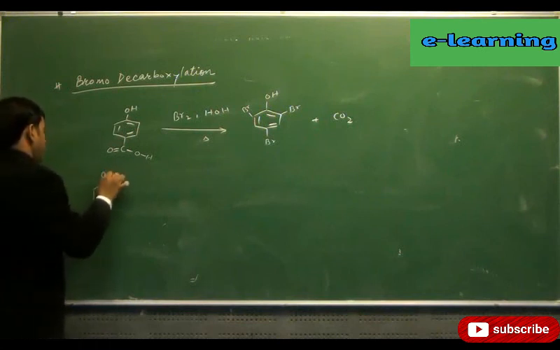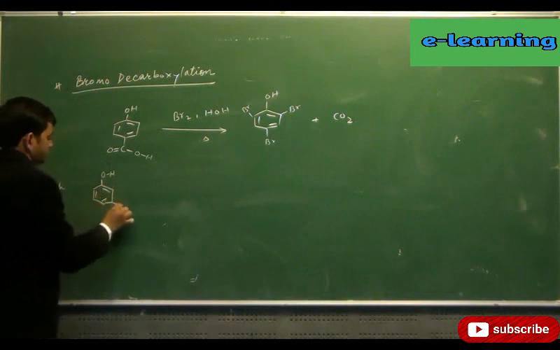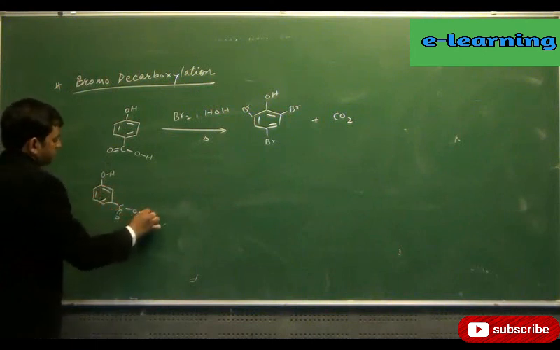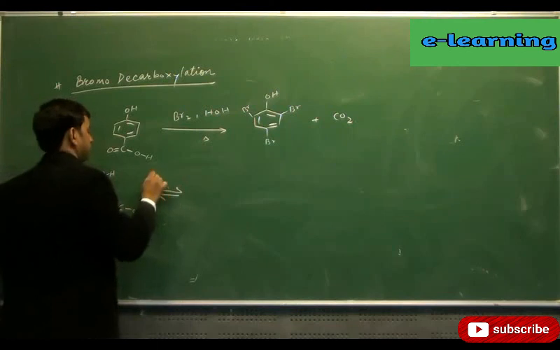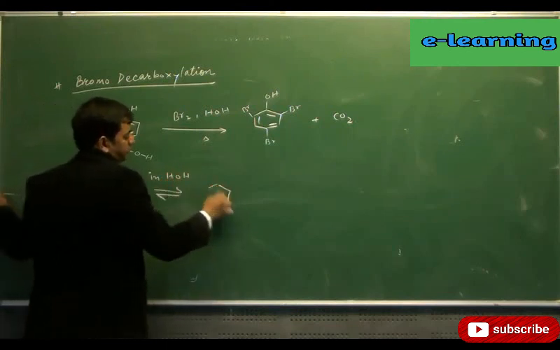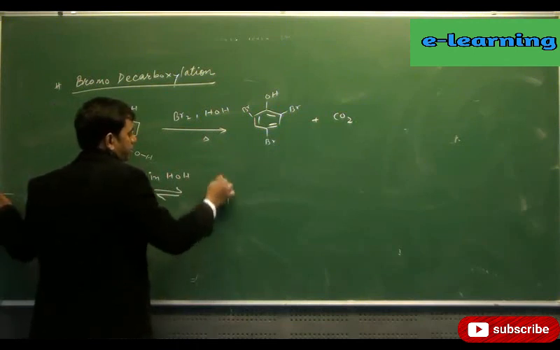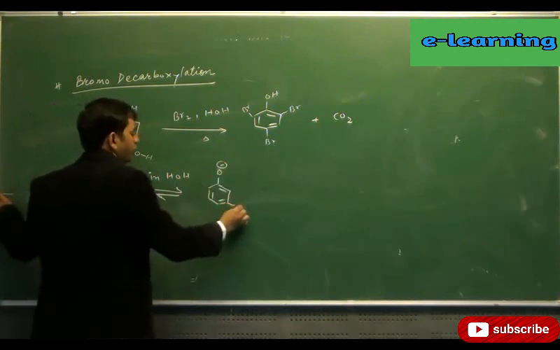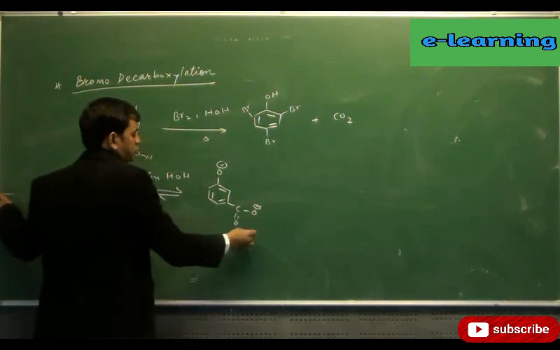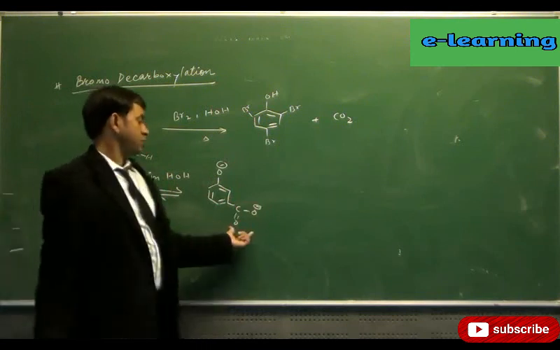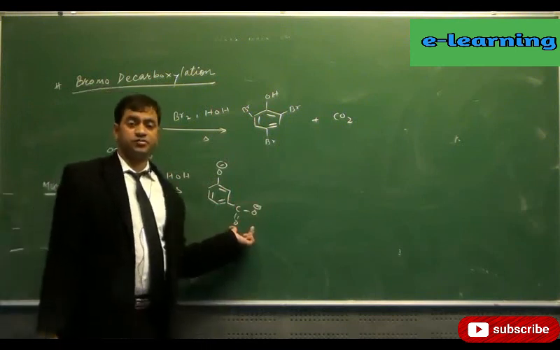This phenol and COOH dissociate into the corresponding ions in water. What will they form? O negative, COO negative. Now COO negative is a weakly activating group.